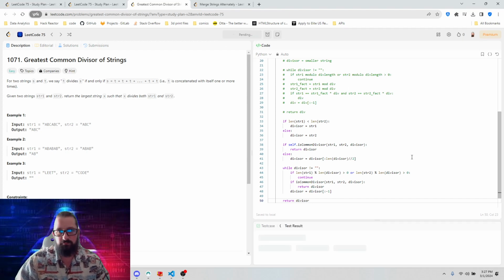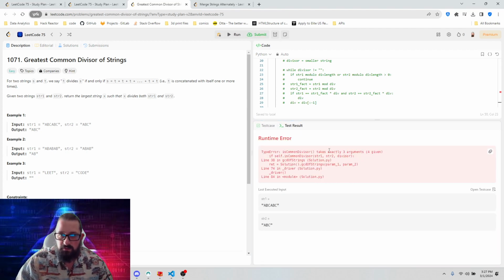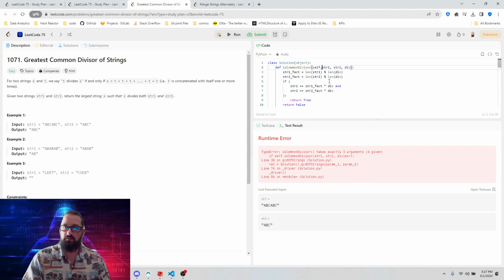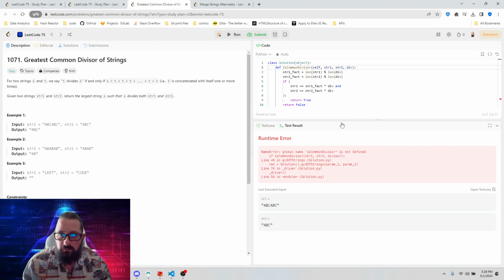Test it out. Takes exactly 3 arguments, 4 were given. I forgot to put self in here. Self. I always forget that. Is common divisor is not defined. That is untrue.